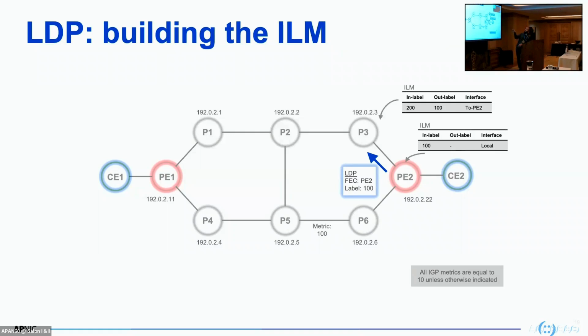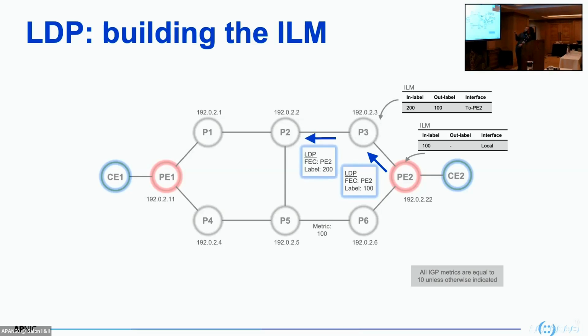This one created its own level and it's 200, but its out level is 100. So if anything comes with 200, it will send it with 100 because the 100 is the neighbor's advertisement. So this in and out is from the point of view of the packet flow, not the level flow.